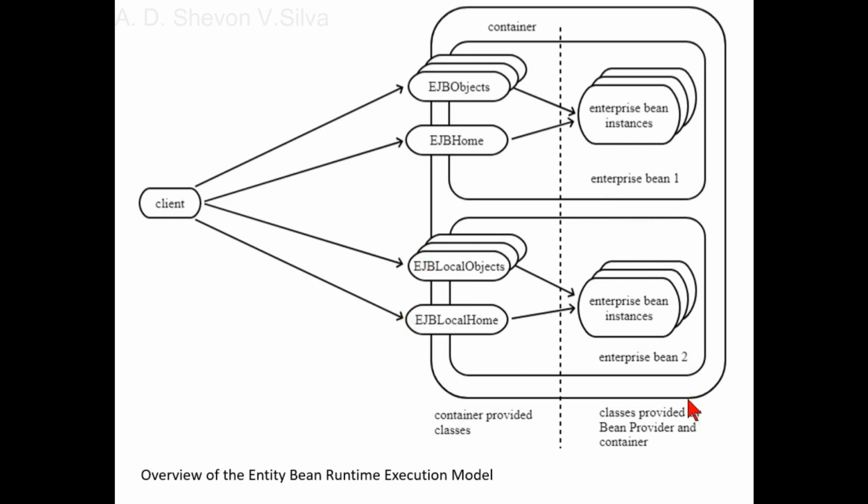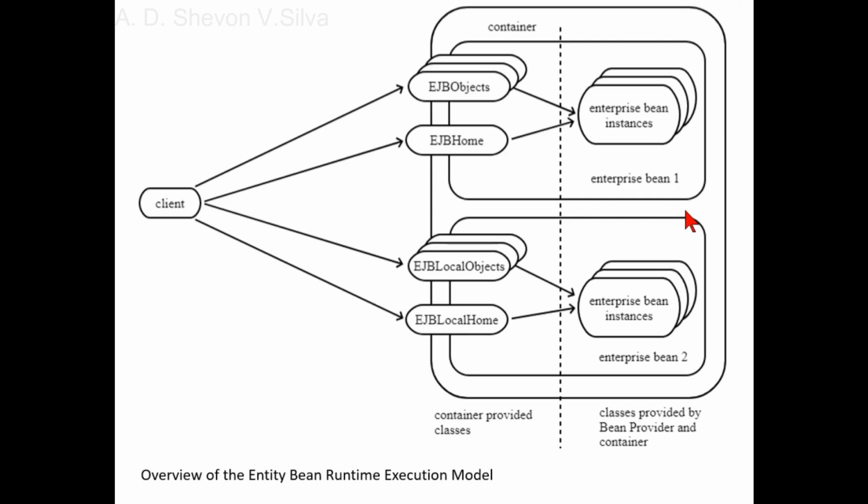The client of an entity bean may be a local client, or it may be a remote client. An enterprise bean is an object whose class is provided by the bean provider. The class of the entity bean with container managed persistence is abstract.